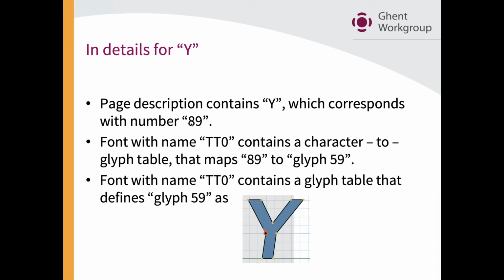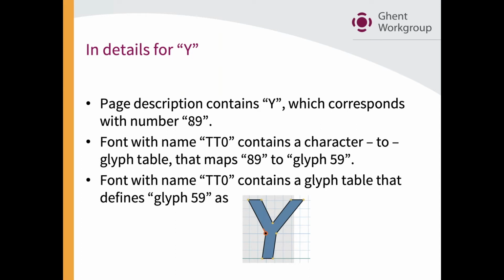I looked it up for this particular font and it happens to be that. It's not always the same, it can vary, but in this particular font, there is a mapping that says if you see the number 89, then you have to map it to glyph number 59. And if I then go look in the font, then that glyph comes out as a capital Y. So again, each time you open a PDF file in Acrobat, this is all going on in the background.